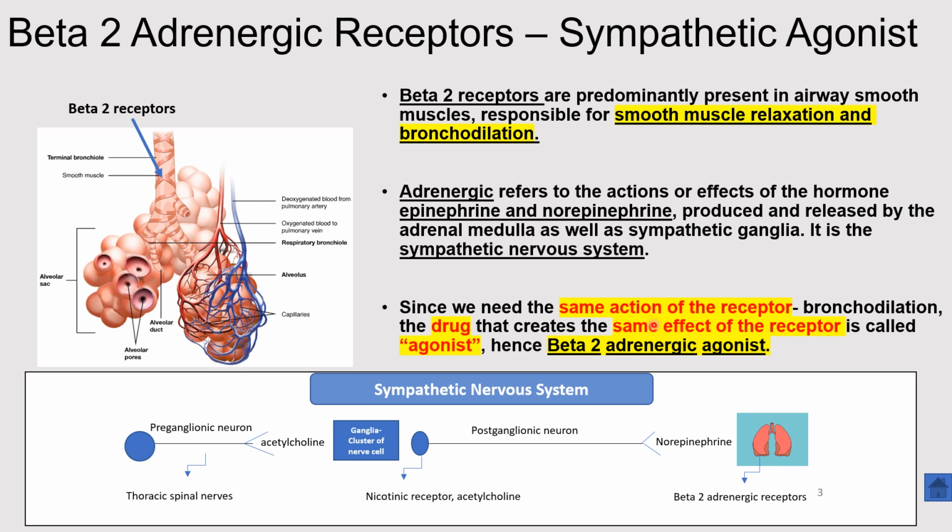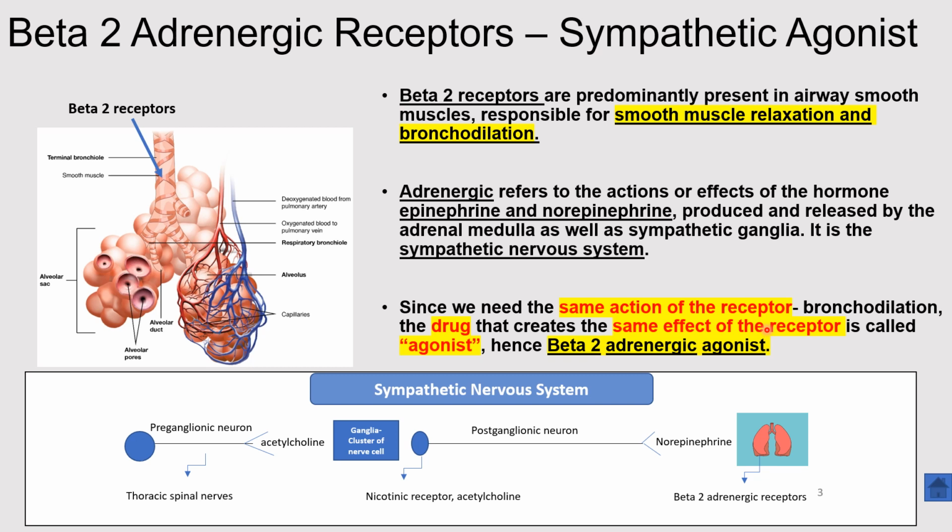So any drug that causes the same effect as the receptor, so the drug actually mimics or resembles epinephrine and norepinephrine, so the beta-2 receptors on the lungs think that it is epinephrine and norepinephrine.